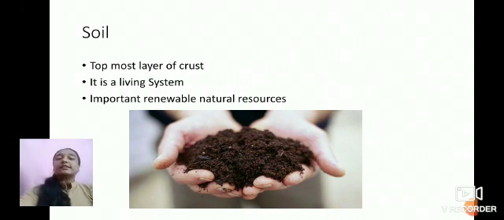It is necessary especially for plants. It provides nutrition for plants. If soil is there, we grow plants and therefore we have food security. If soil is not there, we cannot do any kind of agriculture and we will not get any food.